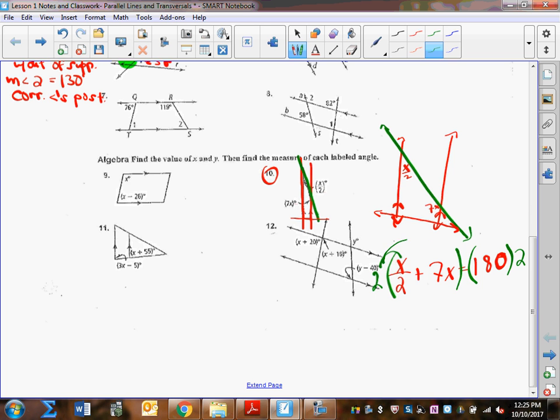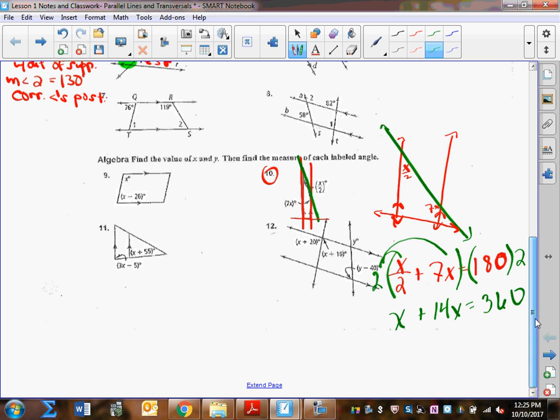This must be distributed to both pieces. Don't forget to distribute it. So then I have x plus 14x equals 360. I want to make sure we're good there. Does anyone not understand what I just did with that piece? I'm going to go more in depth with it.